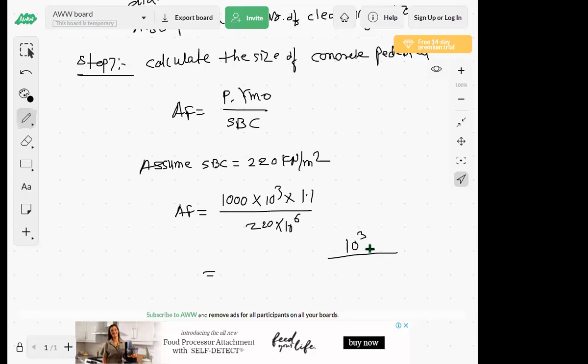So kilonewton into Newton divided by 10 raised to 2 into 10 raised to 3. So this will be 10 raised to 6. So this will get cancelled. I think this will be 10 raised to 3.